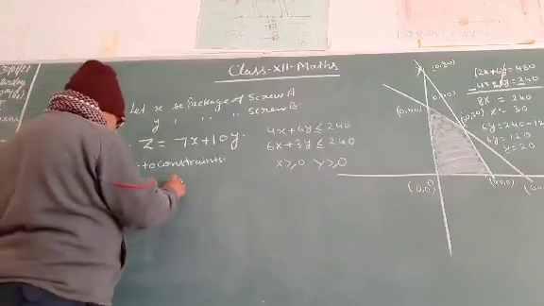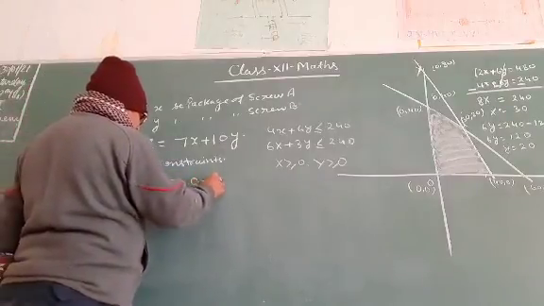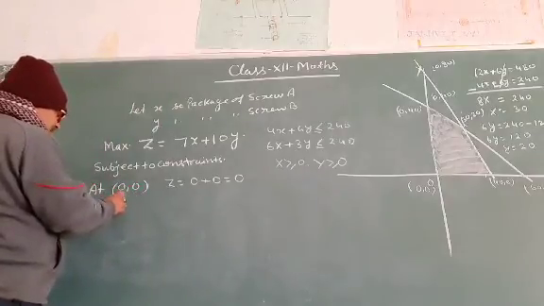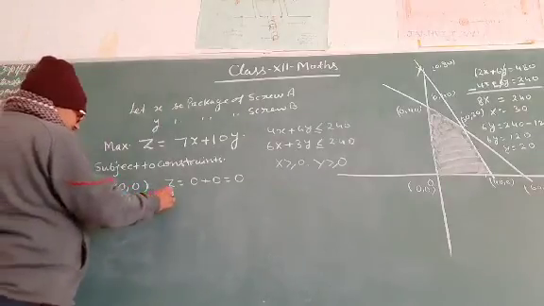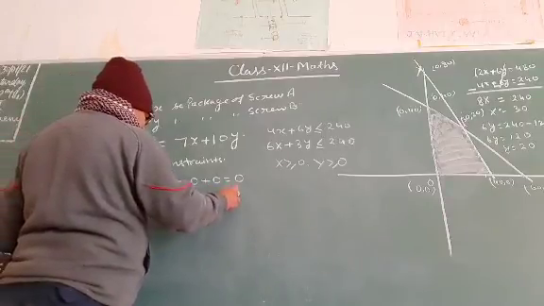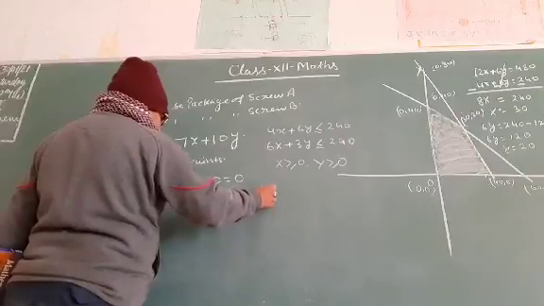At 0, 0, z equals 0. At 0, 40, z equals 10 into 40, equal to 400.